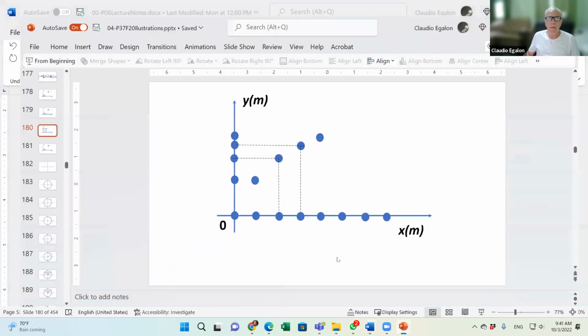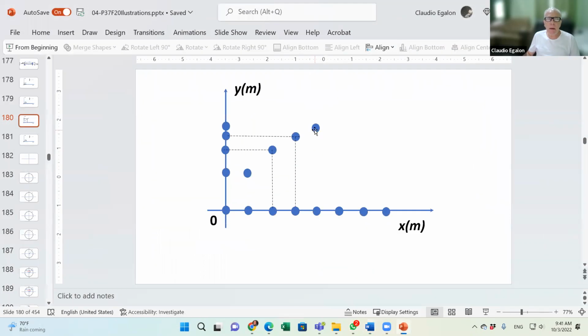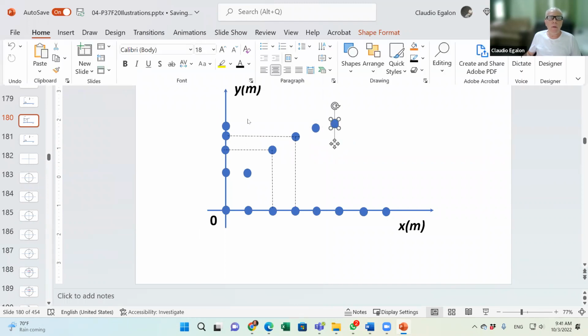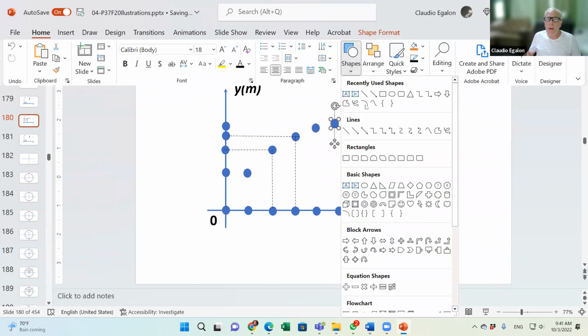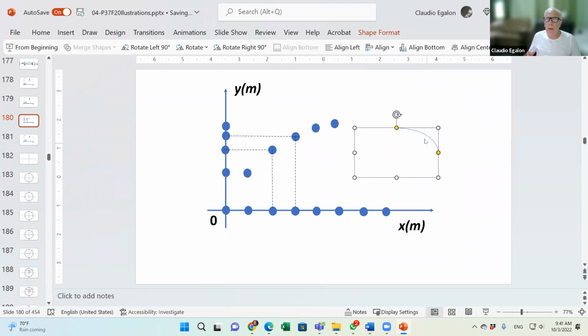So here you go, let me illustrate it here. I didn't finish illustrating that, right? I'm not going to draw everything. Let's see if I can make it look like a parabola here for you.